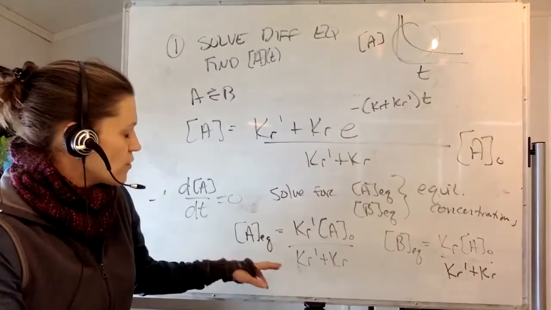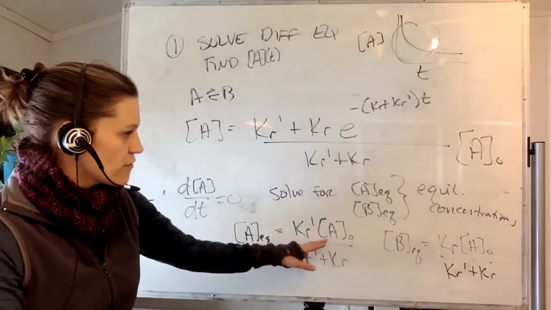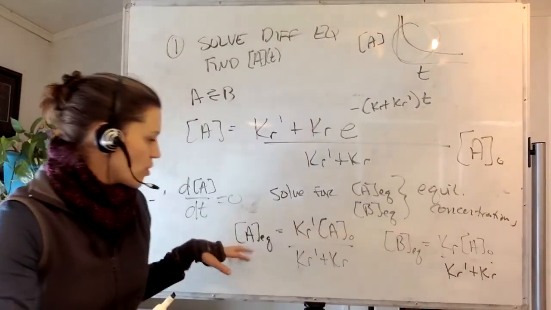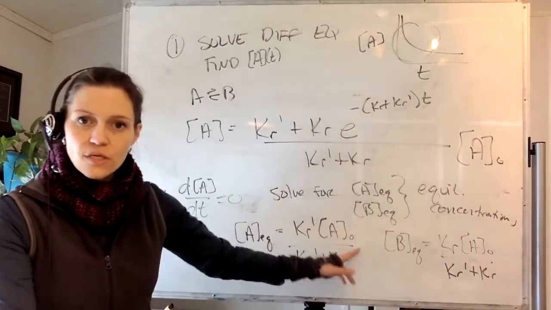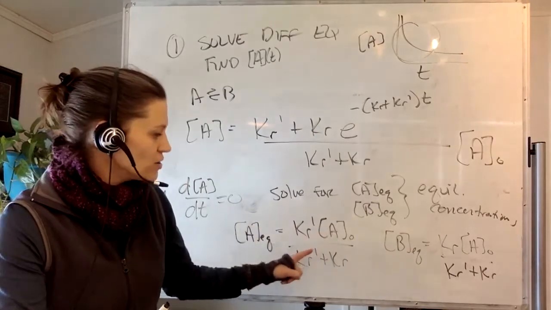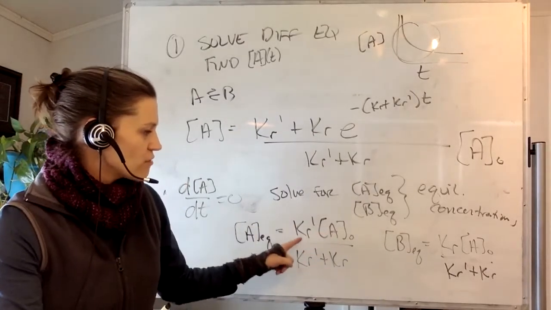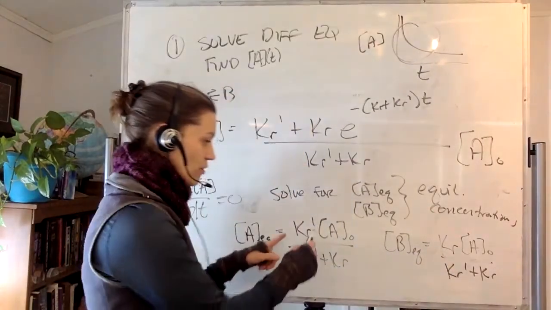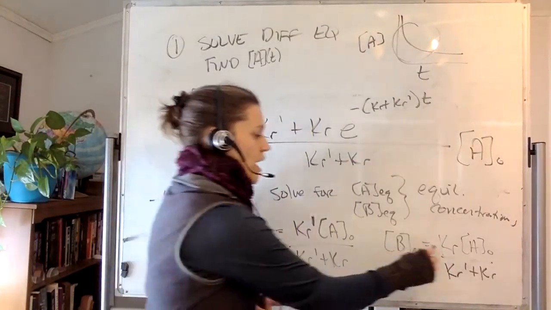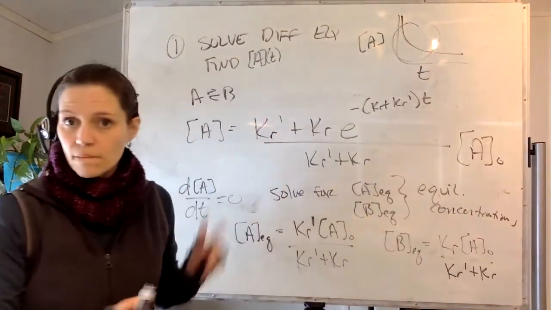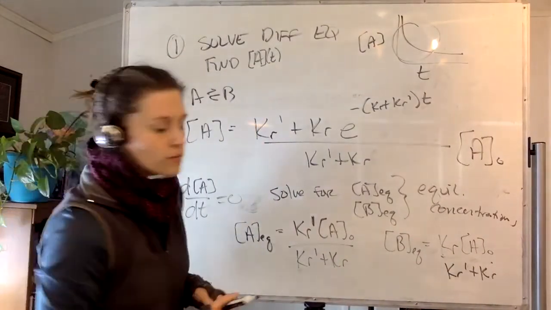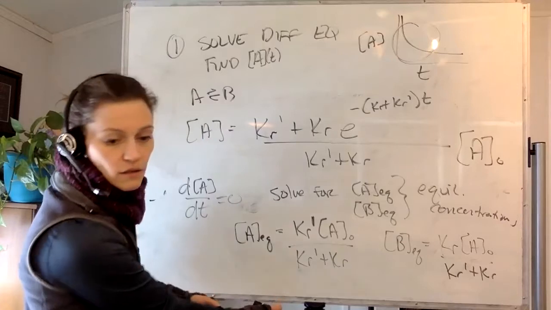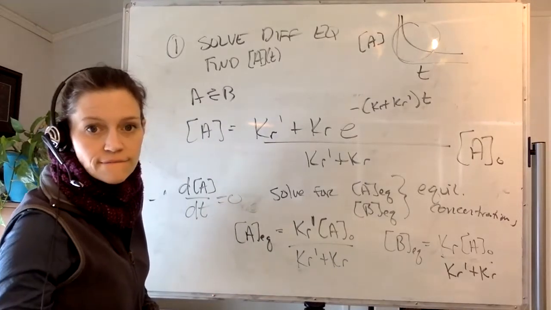Notice now that the initial concentration of A dictates both the equilibrium concentrations of A and B, but they also depend on the combination of Kr prime and Kr. Notice how you've got Kr prime here and Kr here. There's the difference there.